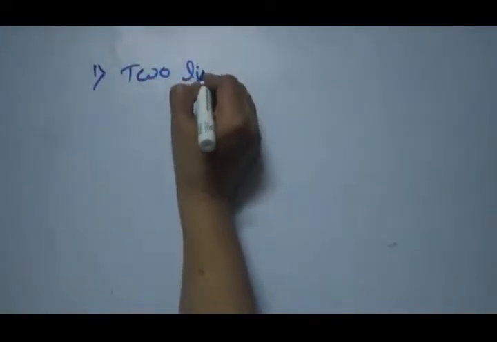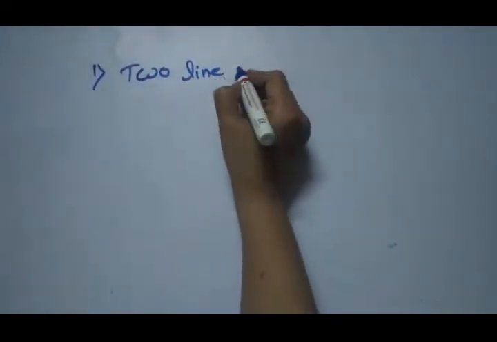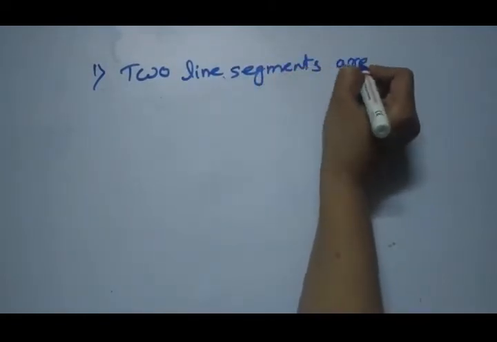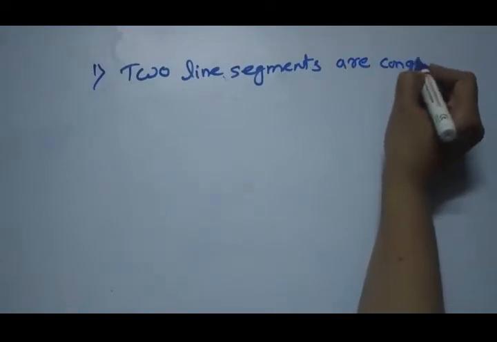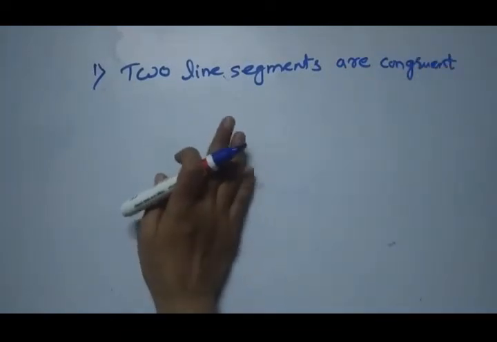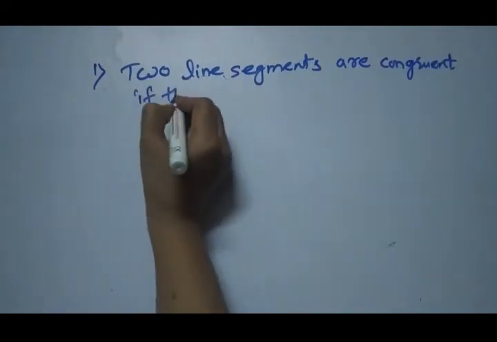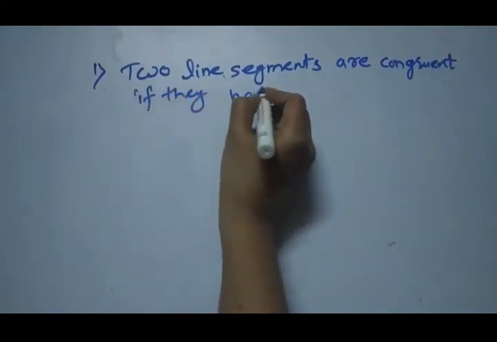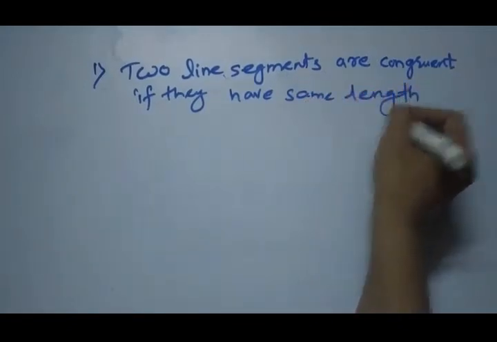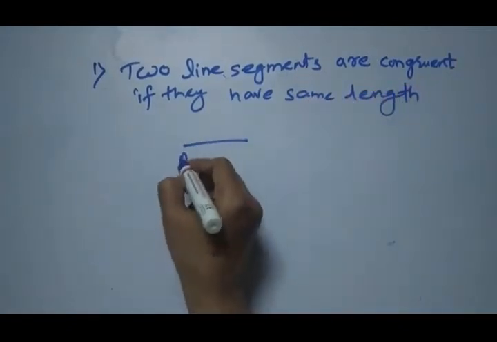So now we have different features of congruence. You can say two line segments are congruent if they have the same length. For example, this is a line segment AB.